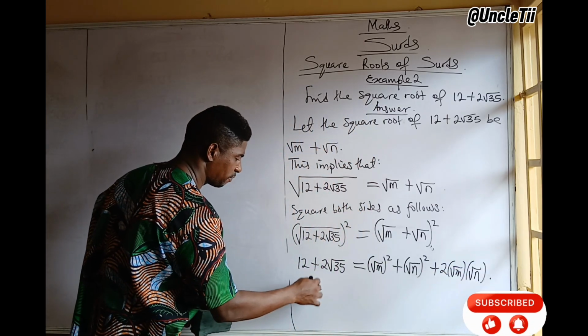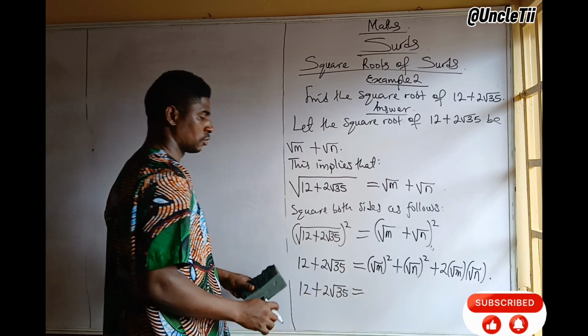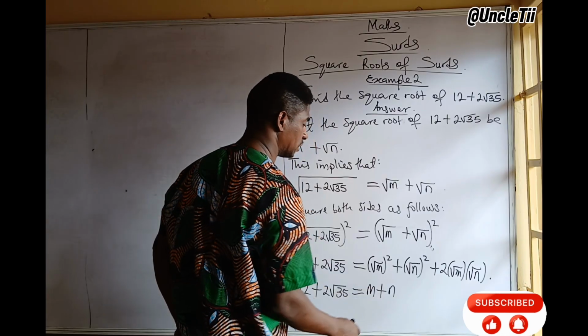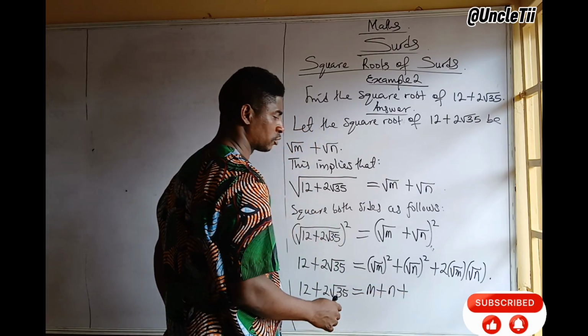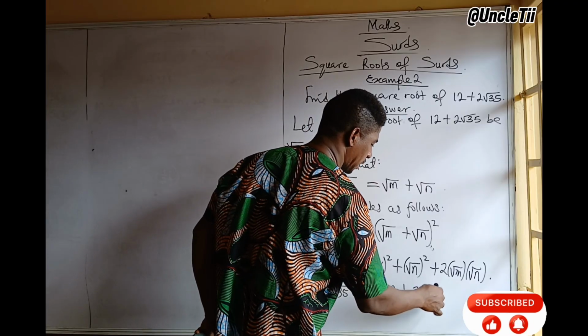So we have 12 plus 2 root 35 equal to m, since the square of root m is m, plus n, since the square of root n is n, plus 2 root mn, since 2 times root m root n is 2 root mn.